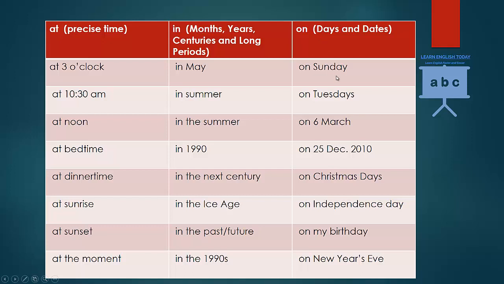For example, on Sunday, on Tuesdays, on 6th of March, on 25th December 2010. So there are dates. Next, on Christmas Day. There are special dates that we can use also, like on Independence Day, on my birthday, on New Year's Eve. This chart summarizes how we can use these three prepositions for showing time.